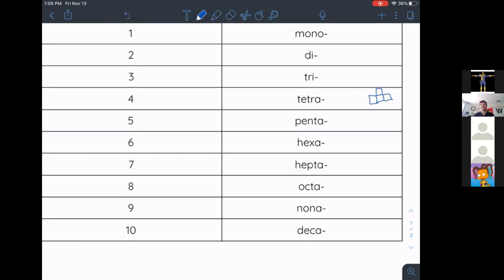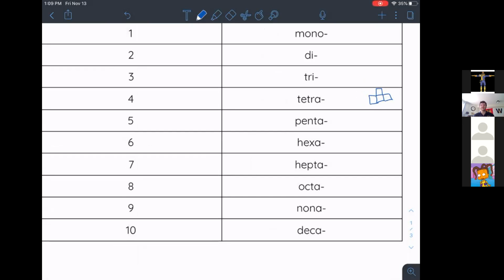The rest of these, try and think of things like, for five, a pentagram or a pentagon has five sides. A hexagon has six sides, so hexa means six. A heptagon has seven sides. An octagon is like a stop sign, which has eight sides. A nonagon has nine sides, it's a shape.